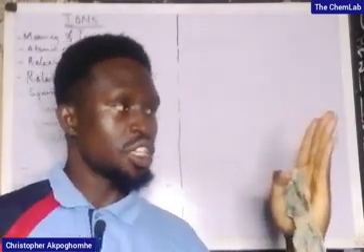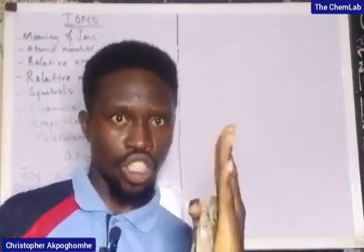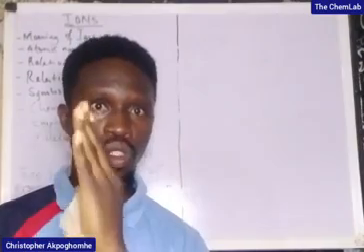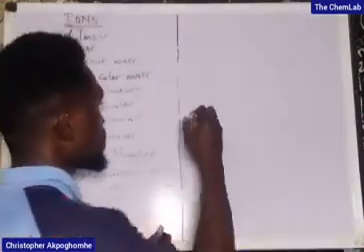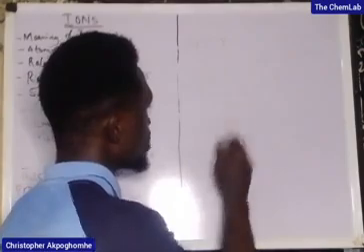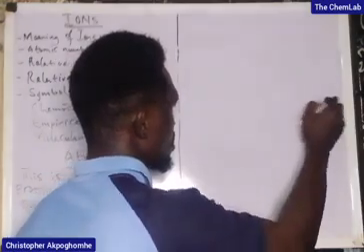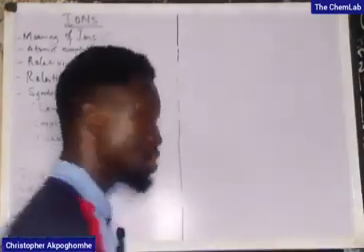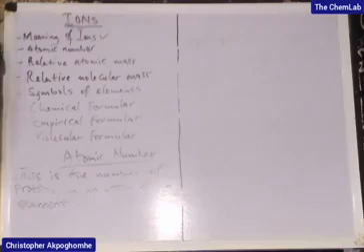So the number of electrons is equal to the number of protons, which is equal to the atomic number. So you can say E, electron, equals P, proton, equals atomic number.